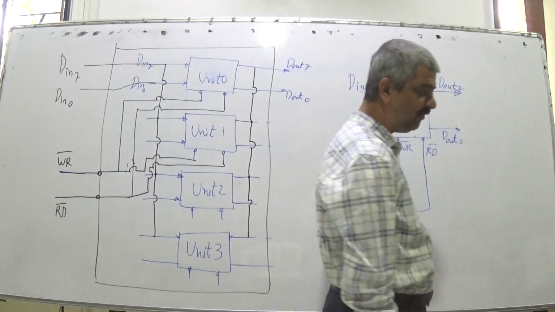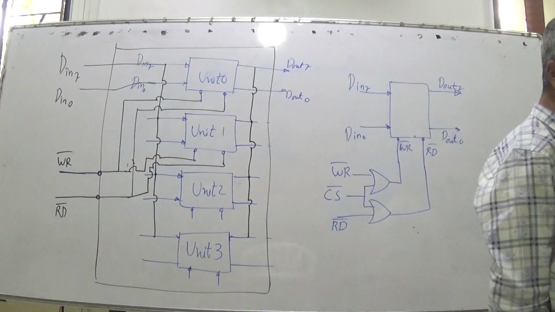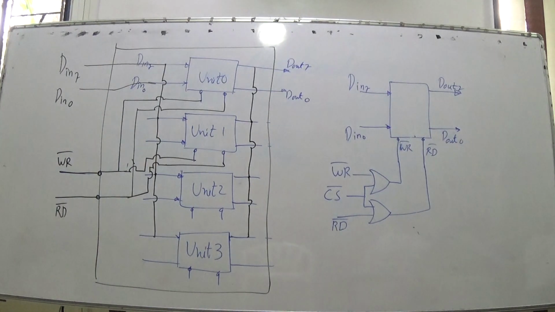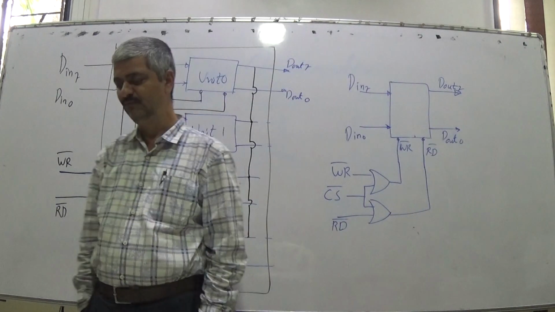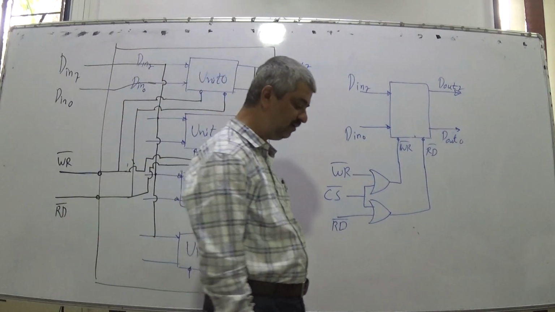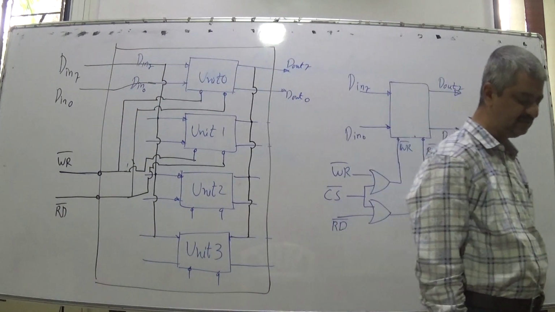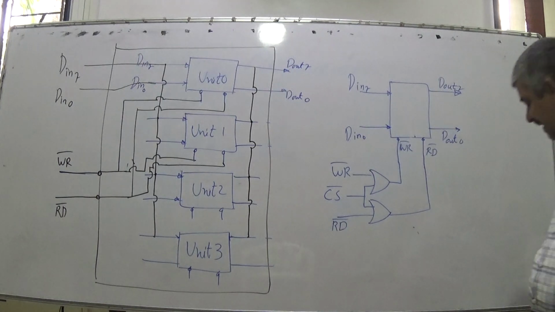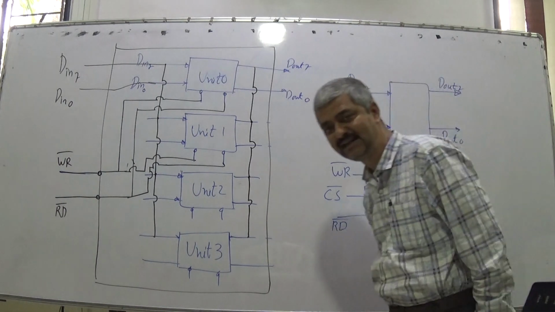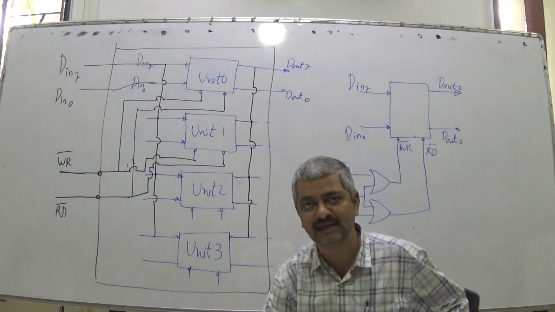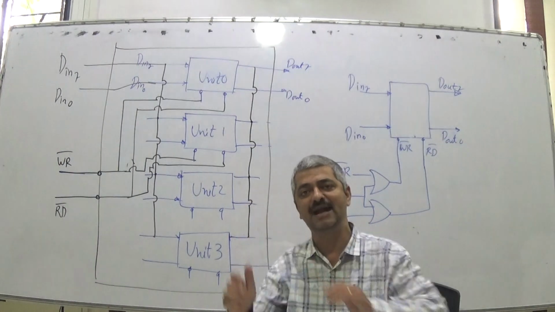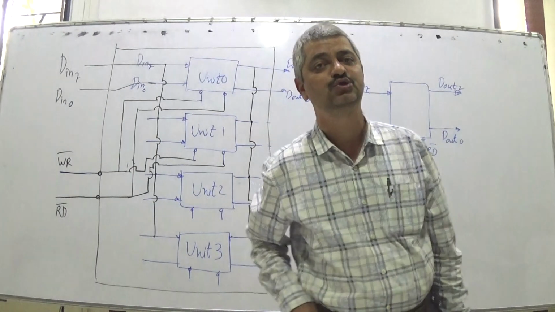So when I decide to prepare one 4 byte memory cell, what do I do? I combine the 8 data lines of all units. So the number of data lines which a 4 byte memory cell has is also 8.